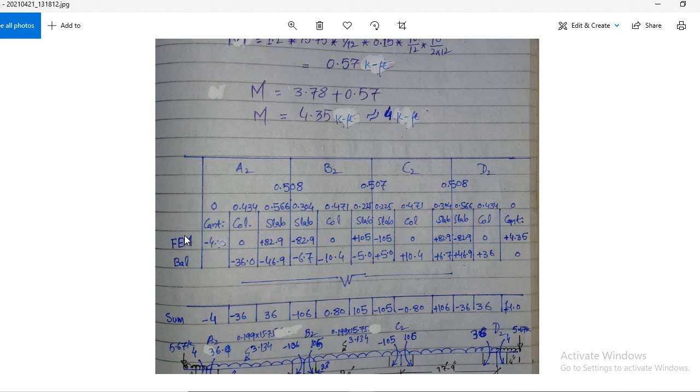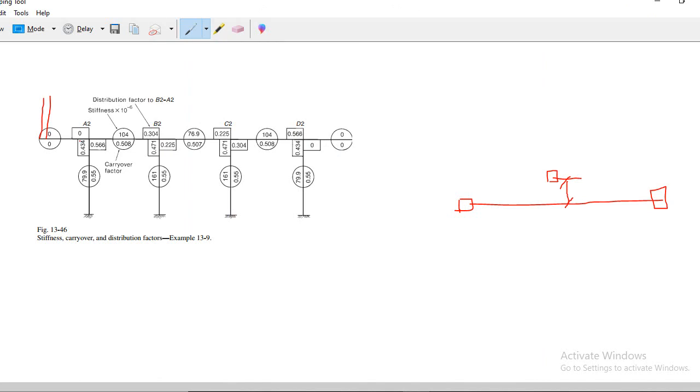Then you have to show the fixed-end moment. Now you see this cantilever portion is basically causing a moment here, and at this joint we have to balance that. This moment is about 4 kip-feet, so there will be a fixed-end moment at this joint for this cantilever portion, and that moment will be 4.